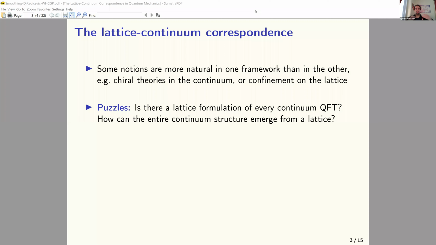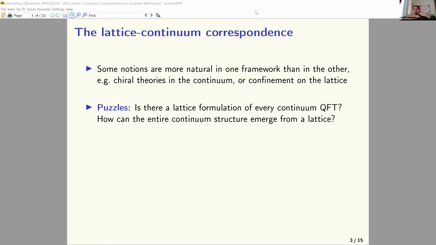So there are many puzzles about the connection between the two frameworks, and the one I want to focus on here is as written. I want to understand whether it is actually possible to come up with a lattice formulation for essentially every continuum quantum field theory.